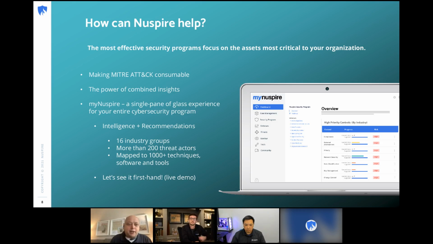And so with that, I'd like to hand the controls over to Michael Wilson, our CTO and CIO, and have him walk us through our threat modeling tool that's found within the myNuspire platform, and give you a peek at how we think there's a better way to do this than the traditional make a big Excel spreadsheet with a bunch of boxes in it and color things red, yellow, and green. We think we've come up with a pretty cool and innovative way to do this, and so we'd like to show you what that is. So, Michael, over to you.